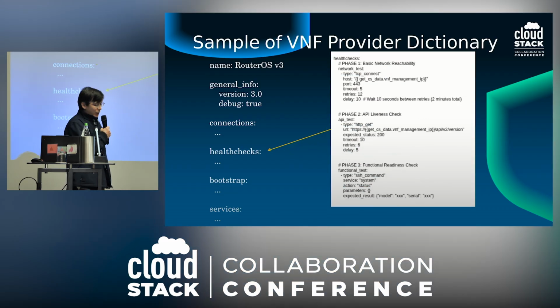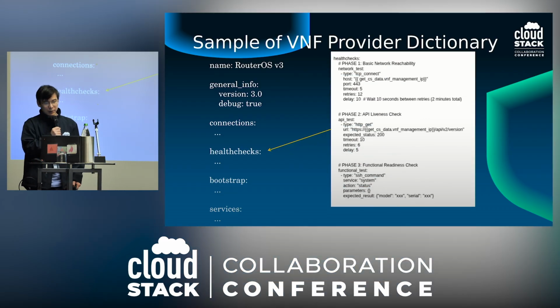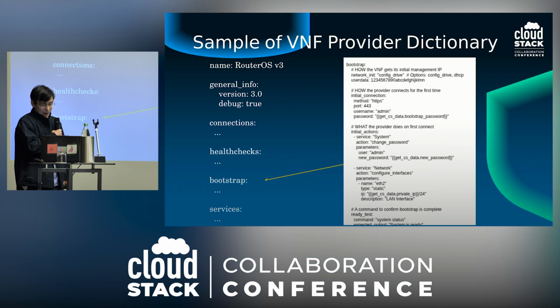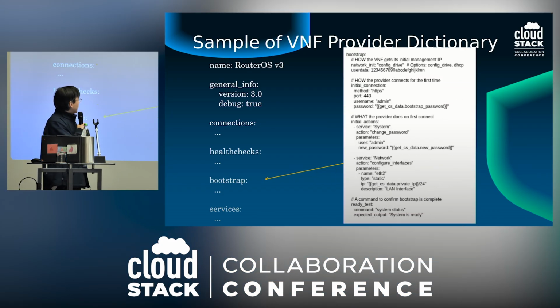Health check can be in multiple phases: the basic connection or basic network connection, API, and functional check. The bootstrap has some initial connections, initial actions. For example, if a user wants to reset the user password at the first boot, then you can add it in the bootstrap part.